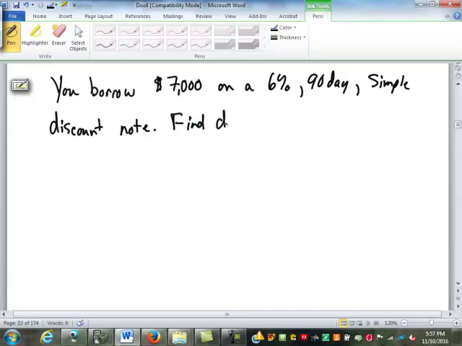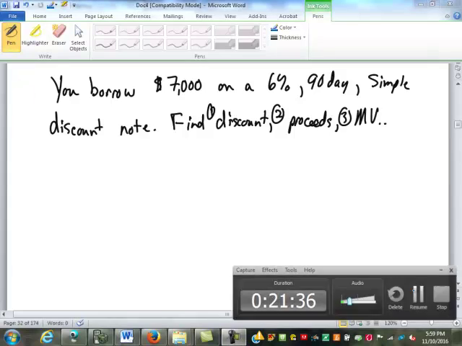Find one, the discount, two, the proceeds, and three, the maturity value. Maybe give that a shot in your notes. See what you come up with.